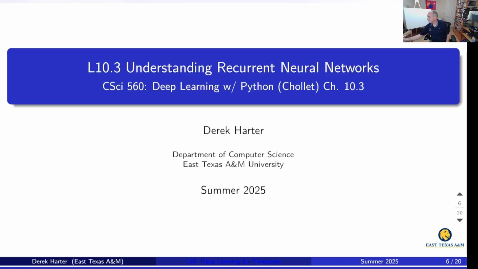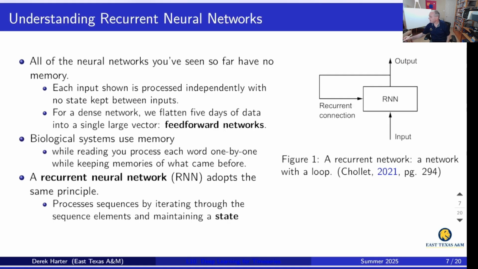Okay, so a major characteristic of all the neural networks that you've seen so far is that they don't have any memory. Each input to, for example, a dense layer, the various features coming in, are all processed simultaneously in parallel and are pretty much independent of one another.